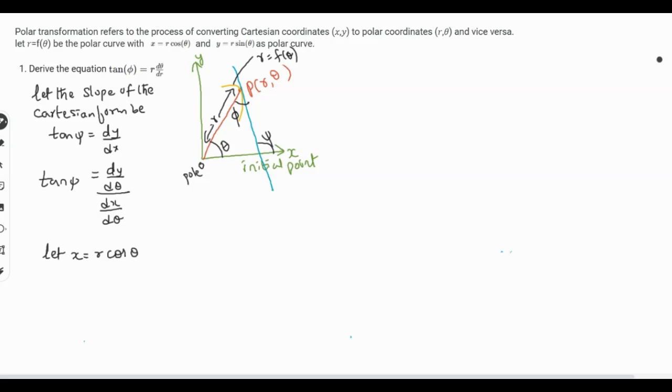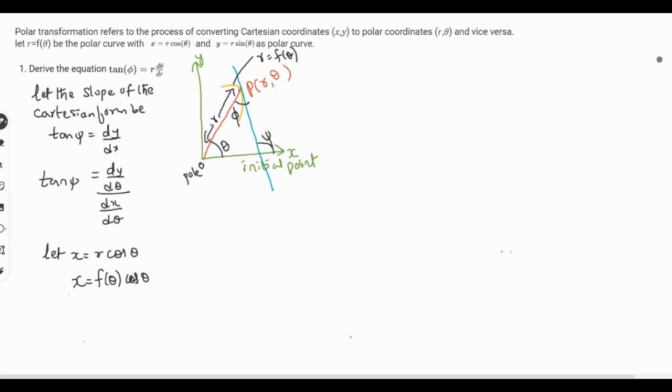So now we have to find dx by d theta. Differentiating with respect to theta, before we differentiate, we can substitute the value of r. x is equal to r, which is nothing but f theta, so representing it as f theta cos theta.